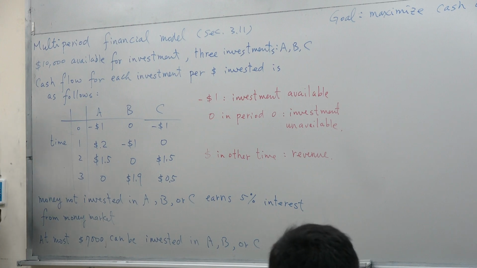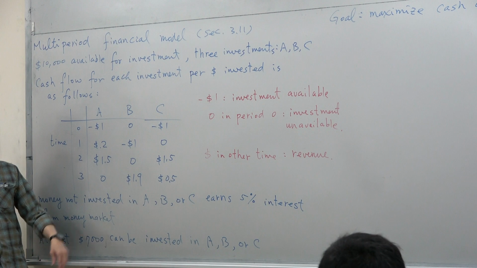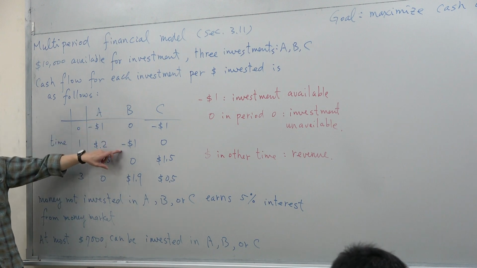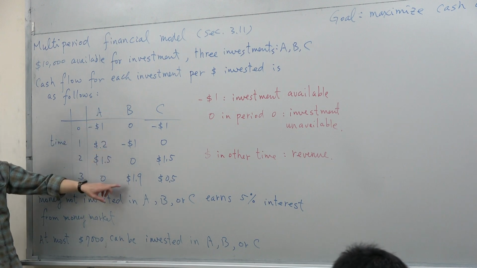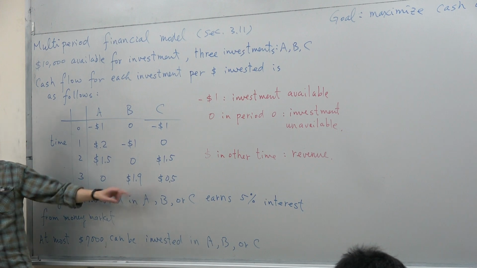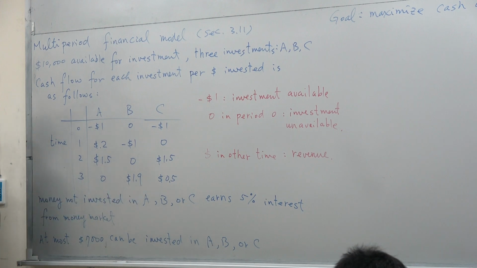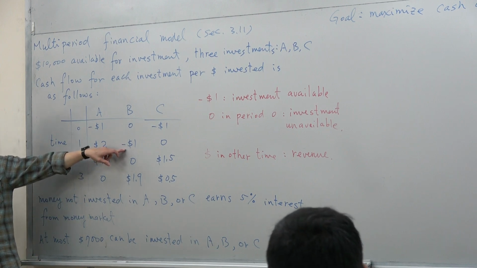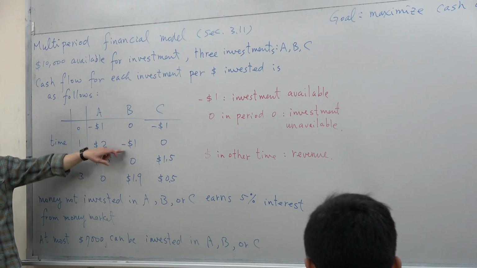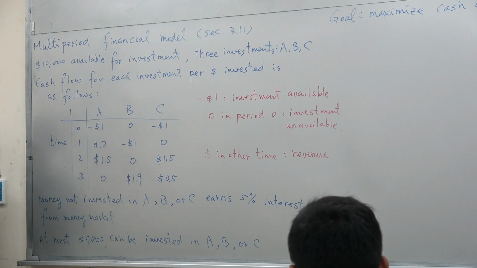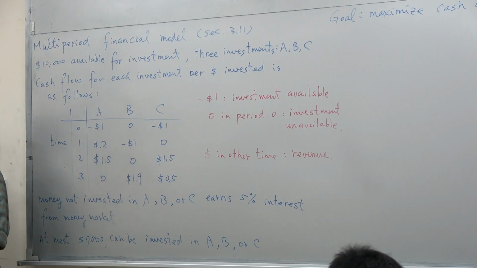Okay? And if I invest in B in period 1, I will get my return at time 3 of $1.9. It means that I invest $1 in time 1, and I will get $1.9 at time 3.